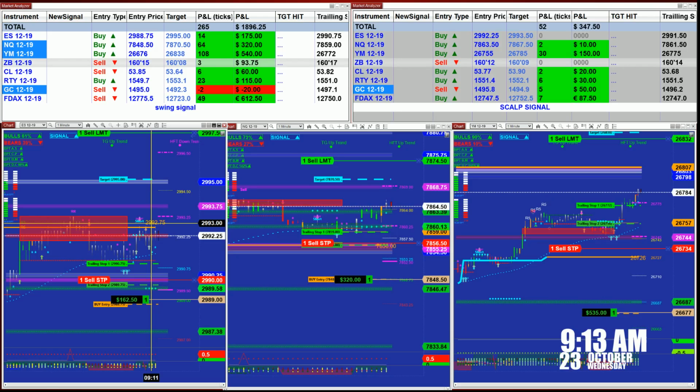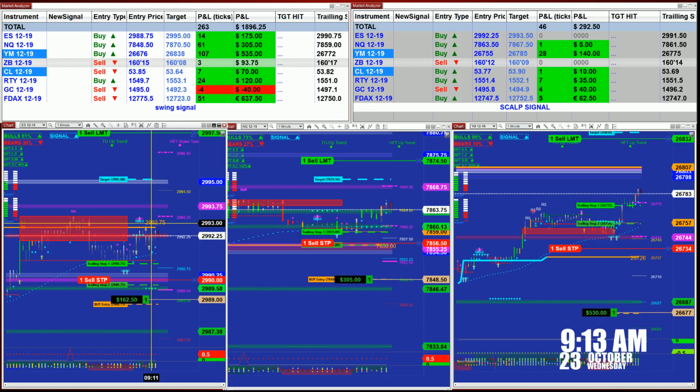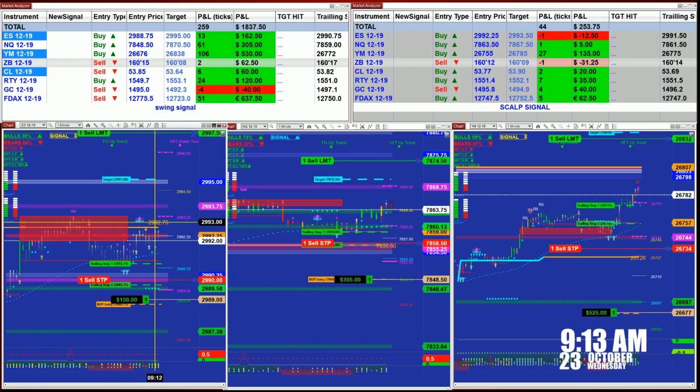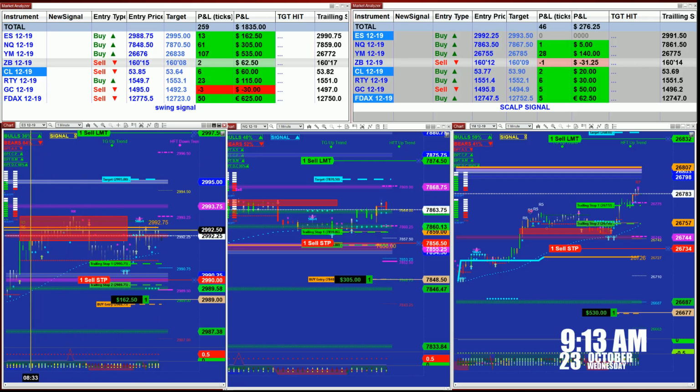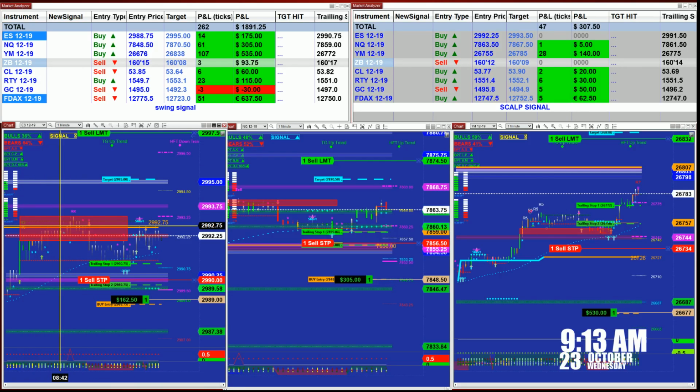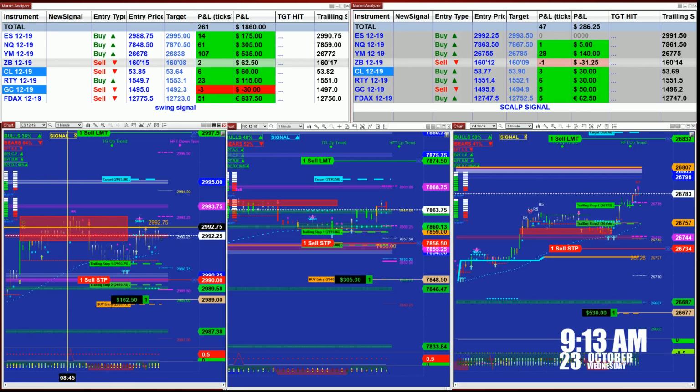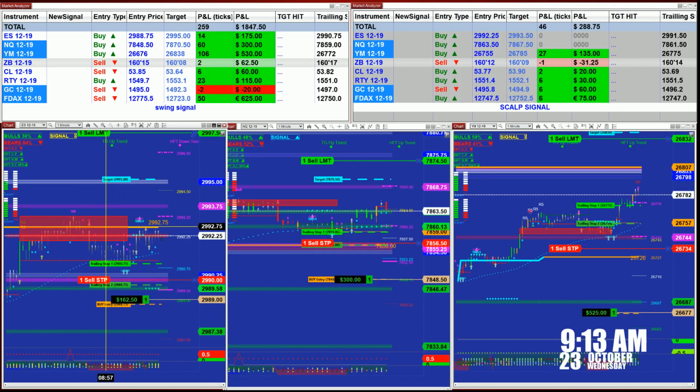So the key, keep your eye on the 92.75 on the ES, and put a mark on your chart, the 92.75, very important level. We need to break that level. We've been struggling with it. If you look at the past half an hour here, we've been struggling with it. We started around 8 o'clock, now it's 9:13.